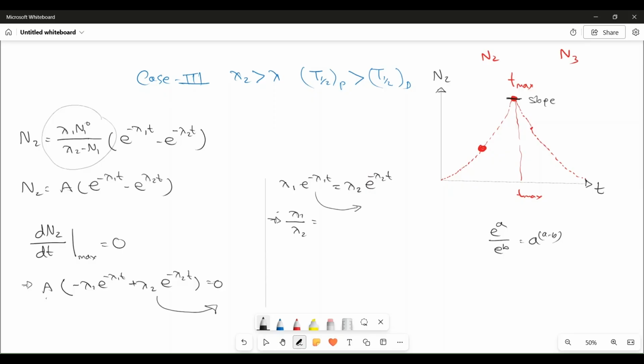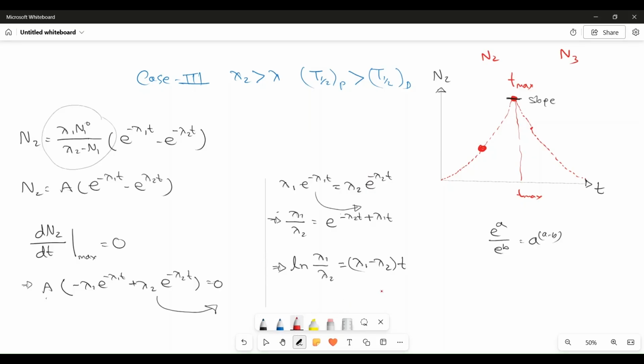If you take it to this side, it will be in the denominator, or as a shortcut we can write it in a single line, that is e to the power minus λ2t, and it will be plus λ1t, right? Okay, so we got this. To eliminate e, we can introduce ln here. So this is the equation for Tmax.